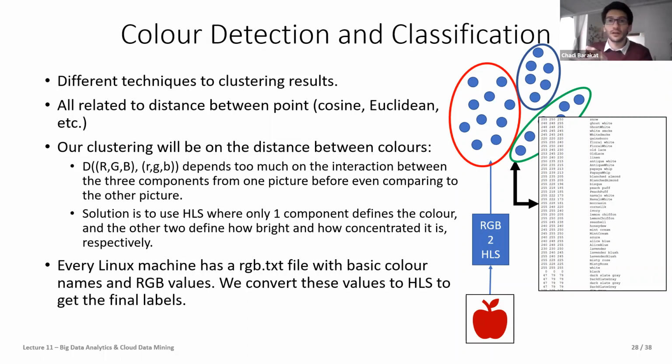the list of RGB values within every Linux distribution. So every Linux distribution has in the etc folder a rgb.txt file. It has RGB values for the most common colors.